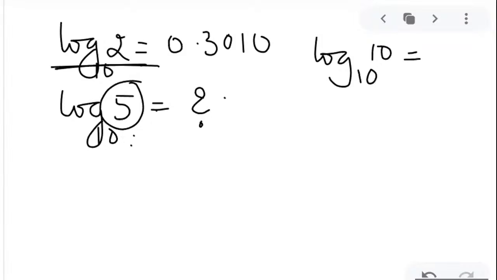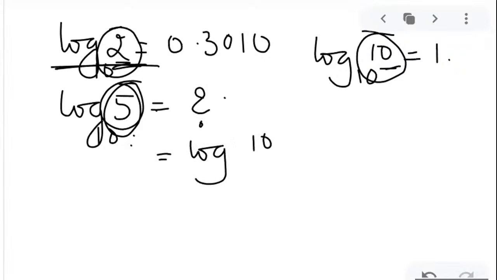What is log 10 to the base 10 equal to? We just saw. Super. So I have 10 and 2. What can I do with these both numbers to get 5? Ida, how can I use the number 10 and number 2 to get number 5? 10 by 2, ma'am. Super.